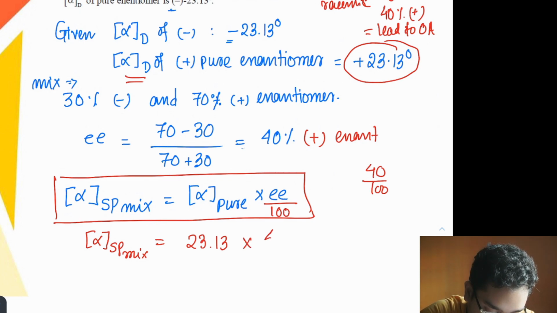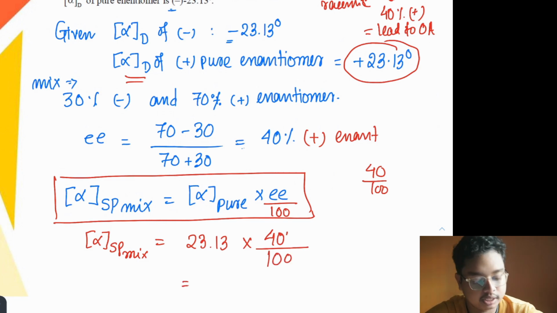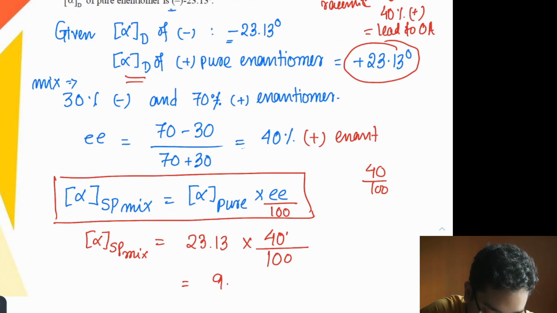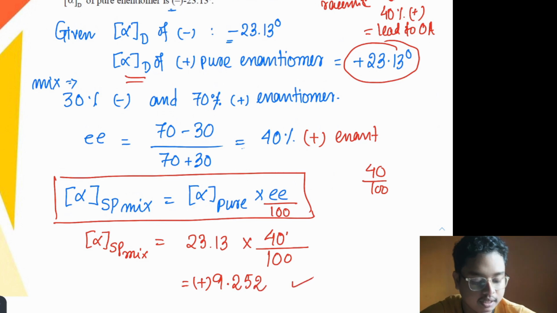So into 40 by 100, and we simply calculate these values to get our desired answer. So it is plus 9.252. This will be our value.